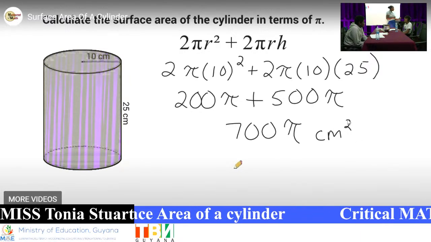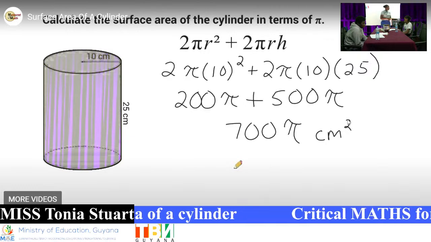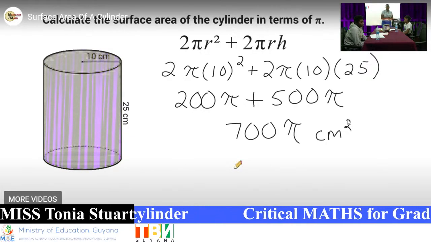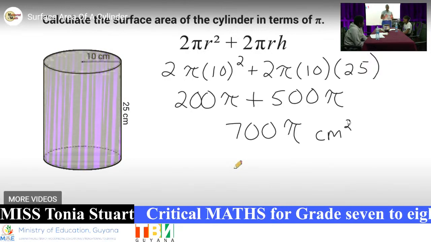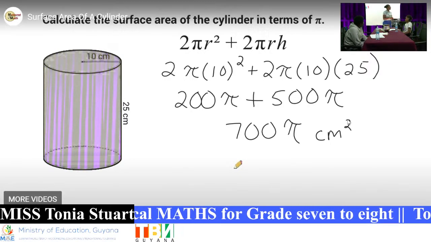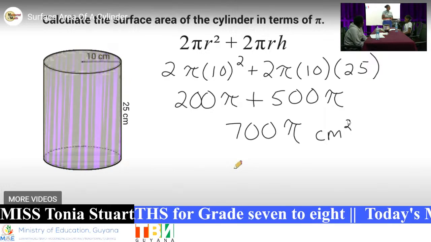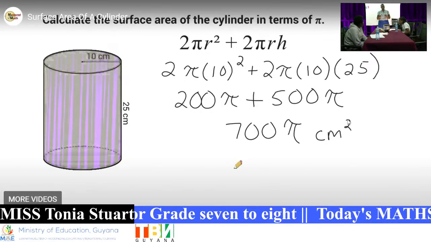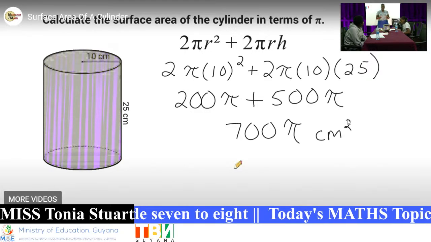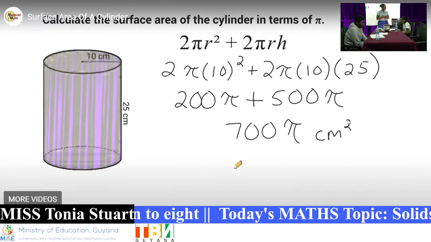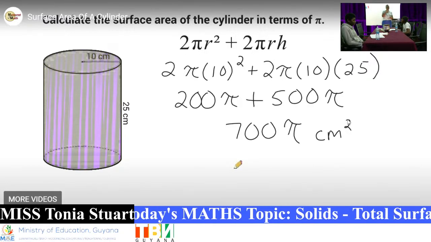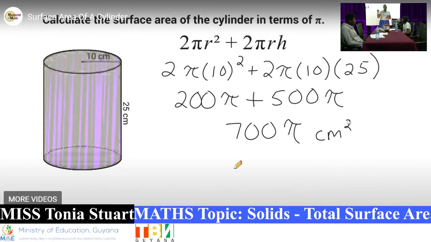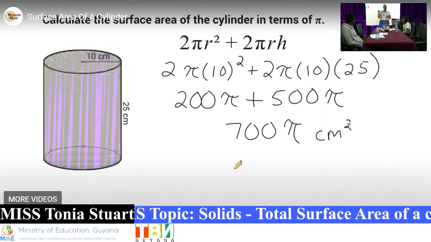Substituting the value of r into the expression there, where we have 2 pi, because we're not doing anything with pi, and we have 10 squared. That 10 represents r. Agree? According to the shape, you have 10 cm, that little line that runs from the center to the circumference, that represents the radius, right?